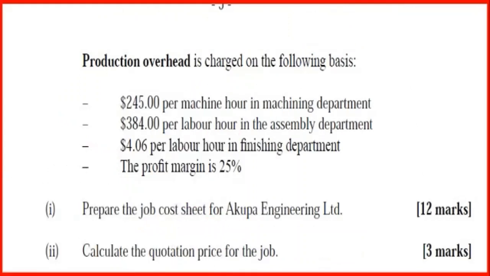The production overhead is charged on the basis of machine hour in one department, labor hour in another, and finishing is on labor hour as well. A profit margin of 25%. Notice this is margin, right? Prepare the job cost sheet, calculate the quotation price for the job, right?